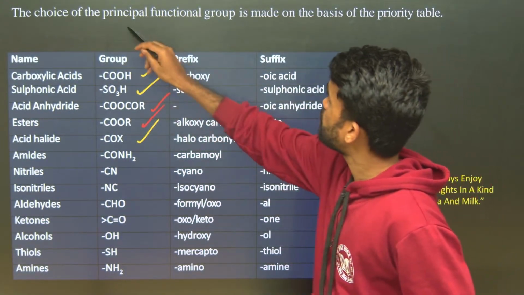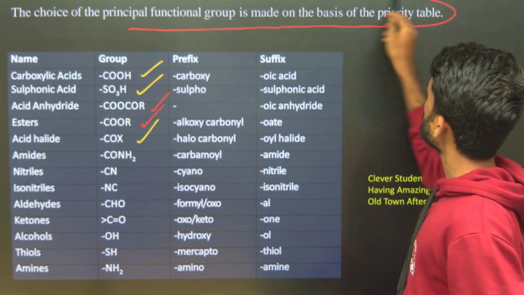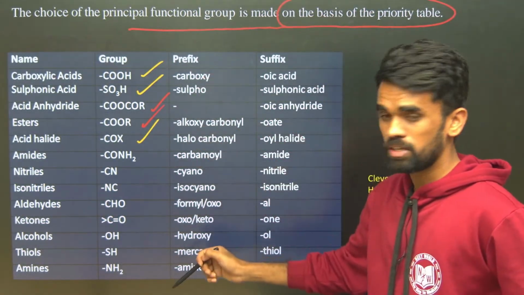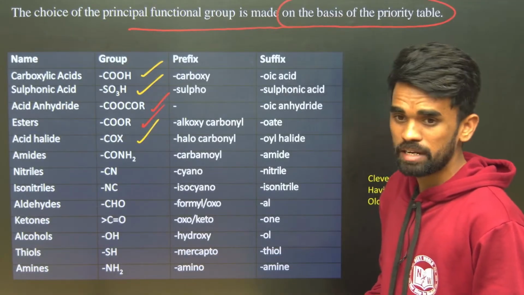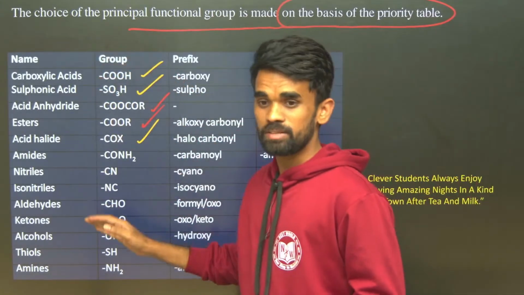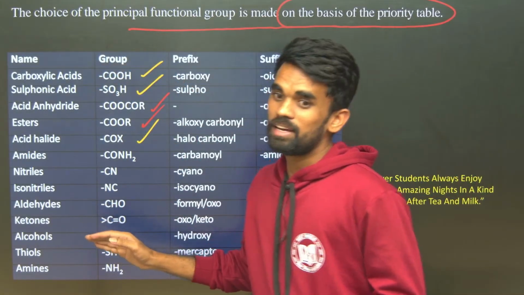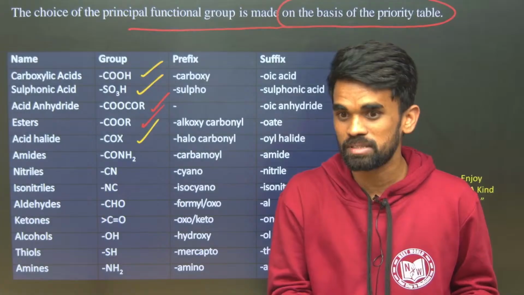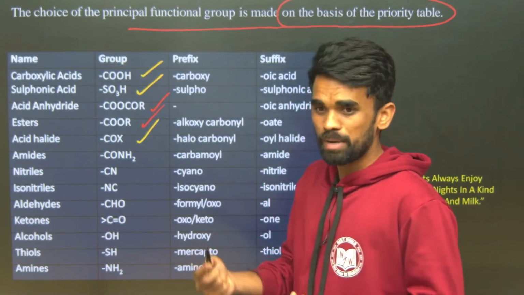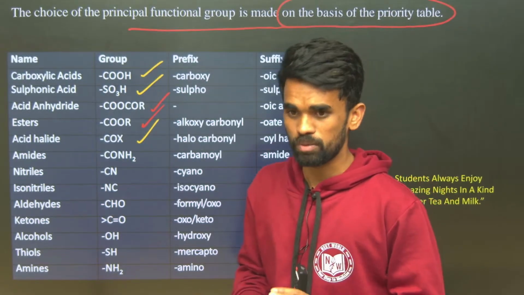The choice of principal functional group is based on this priority order. How to remember this priority order? I will tell you one trick also for that. But try to remember it as it is, because tricks also can be forgotten if you take a longer time gap. Practice more questions, and it will stay in your mind.